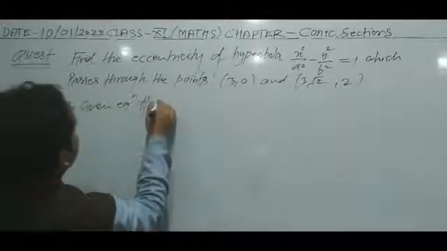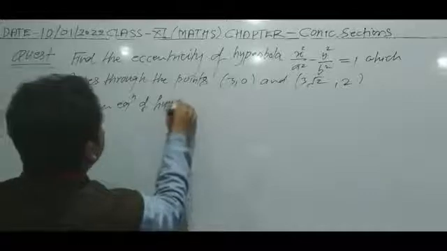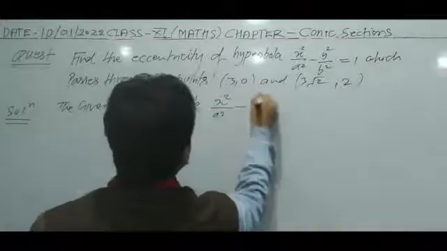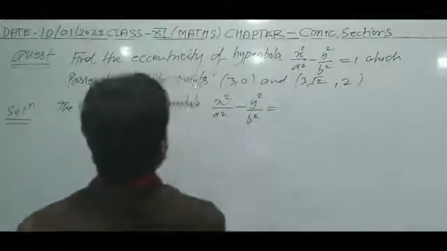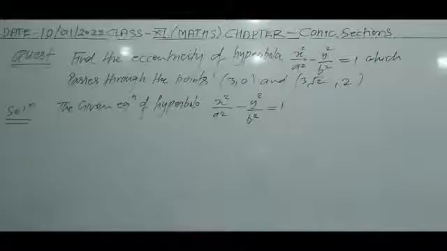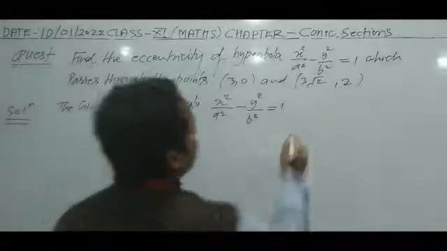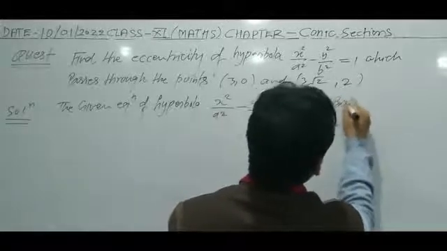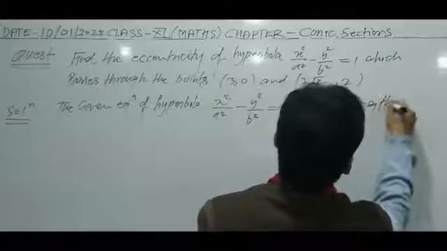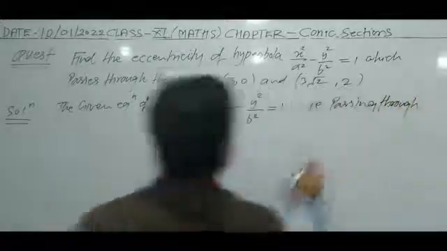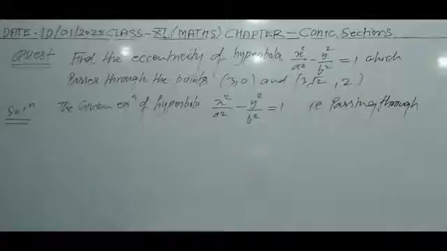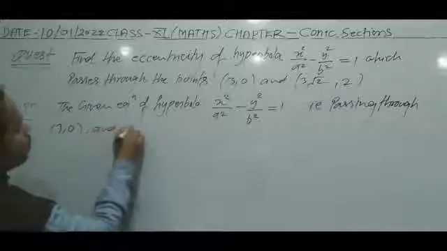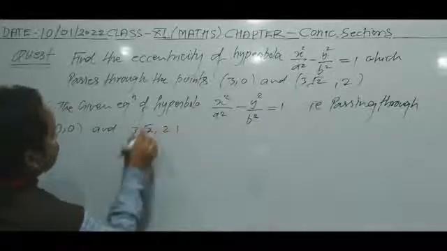The given equation of hyperbola is this, that is passing through 3, 0 and 3 root 2, 2.